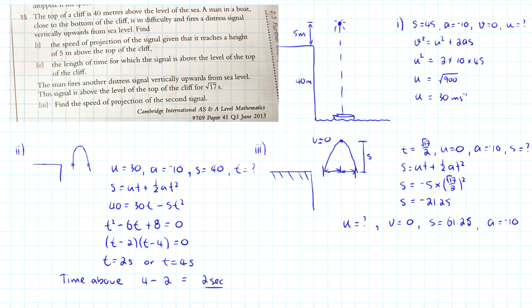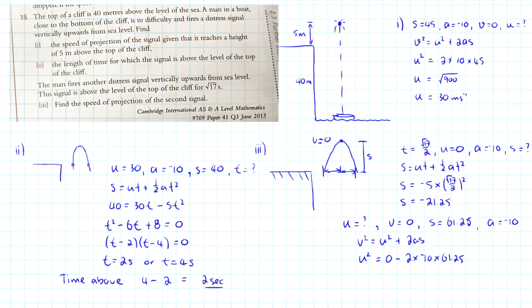All right, so we've got u, v, s, a. Which formula do we need for that? v squared is u squared plus 2as. So u squared is v squared minus 2as. v is 0, so we don't have any of that. So we're going to subtract from 0. All right, we'll write it: 0 minus 2 times acceleration, which is -10, times s, which is 61.25.